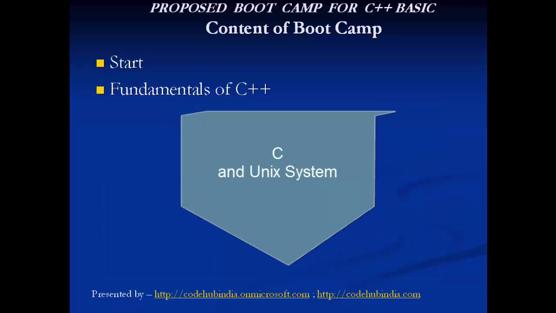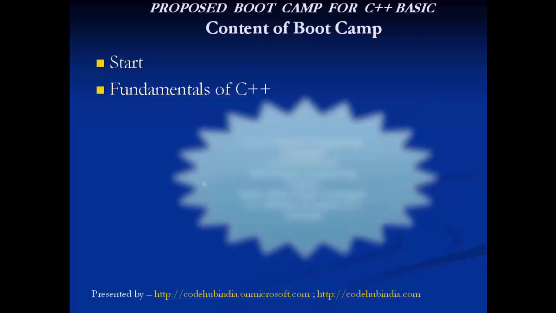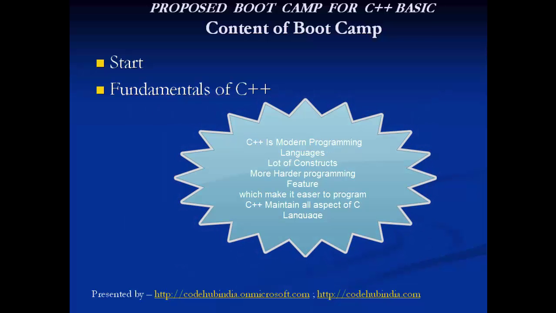C is a programming language originally developed for developing the Unix operating system. It is a low-level and powerful language, but it lacks many modern and useful constructs. C++ is a newer language, based on C, that adds many more modern programming language features that make it easier to program than C. Basically, C++ maintains all aspects of the C language, while providing new features to programmers that make it easier to write useful and sophisticated programs.